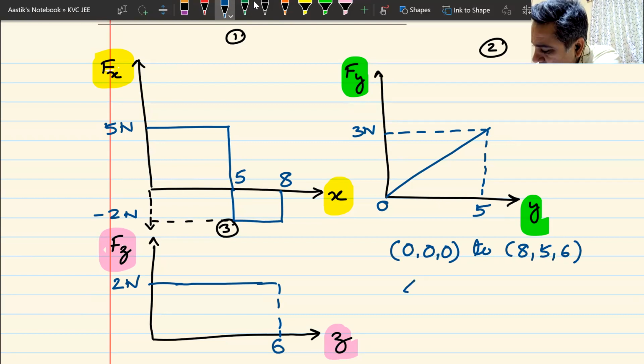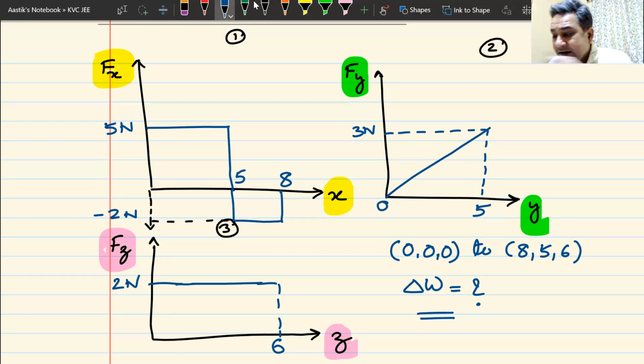Find the work done by this force. Can you find out the work done by this force in displacing the particle from origin to the point 8, 5, 6.